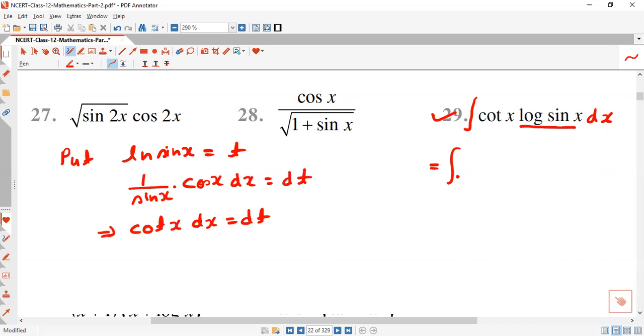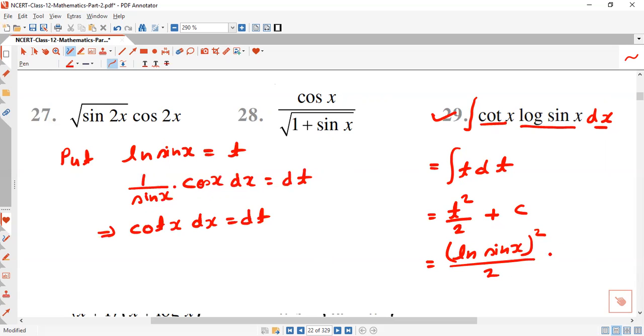So t dt, solving this one, t square by 2 plus some constant c, and now put the value of t equal to log of sin x: log of sin x whole square divided by 2 plus some constant c. This will be the answer.